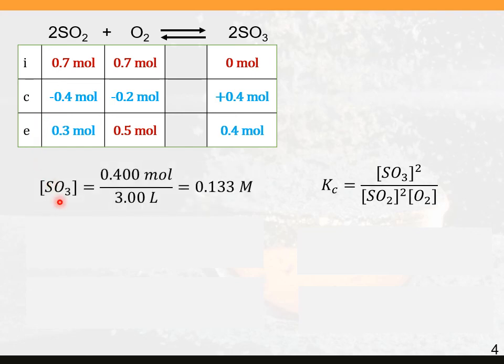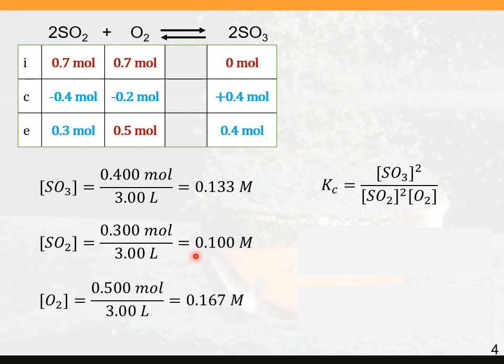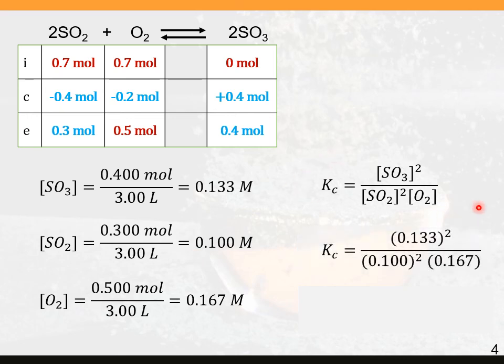For sulfur trioxide, 0.4 moles divided by 3 liters gives you its molarity. You repeat the calculation for sulfur dioxide using its number of moles and the given volume, and also for oxygen. And then you plug these values into the Kc expression and eventually calculate the value of the equilibrium constant as 10.6. Remember, Kc has no units.